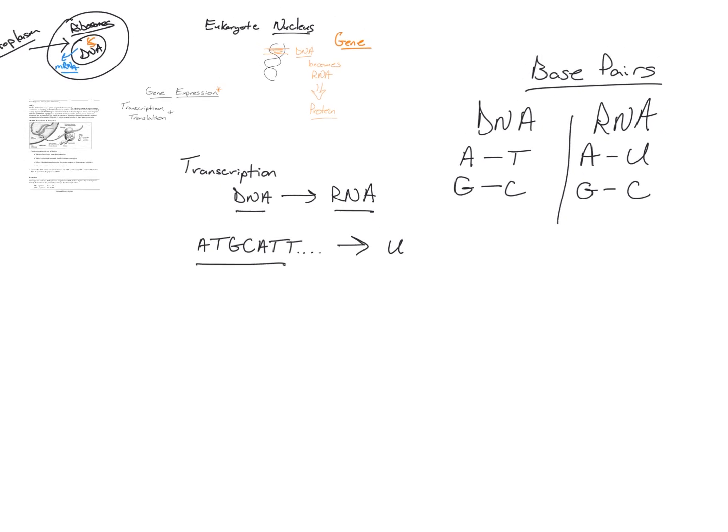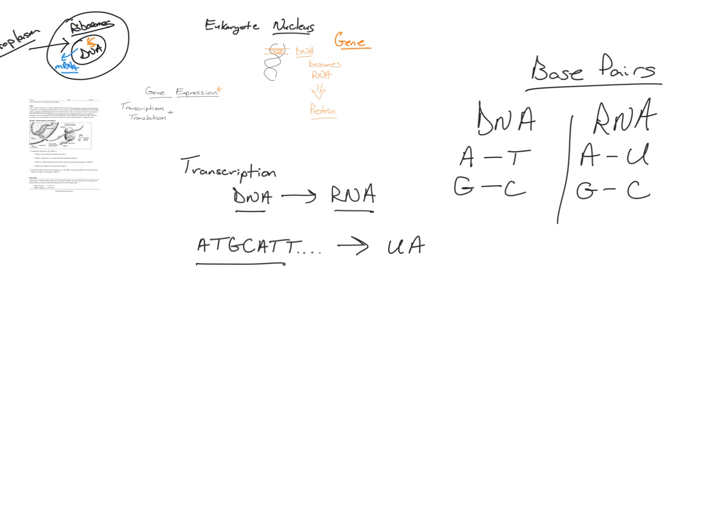So this ATGCATT is going to be transcribed. The message will be rewritten into another code. So A goes to U. What is T going to be matched with? A, because there is A in RNA.